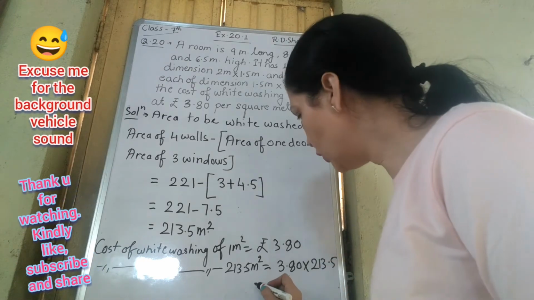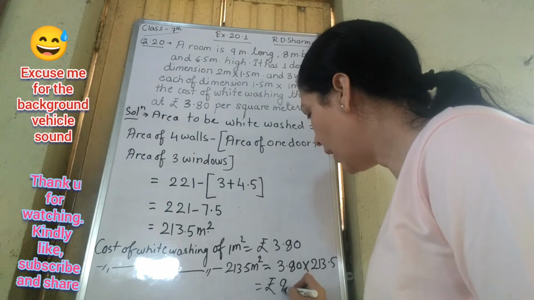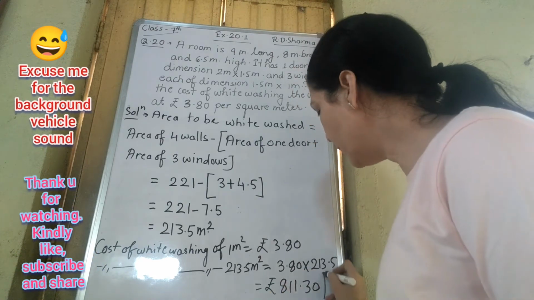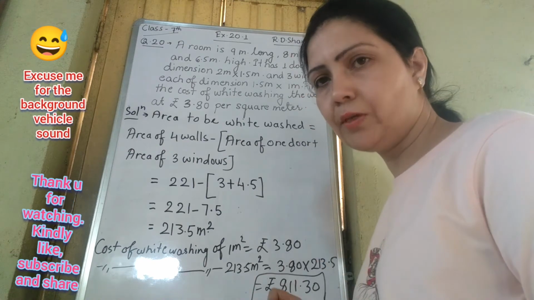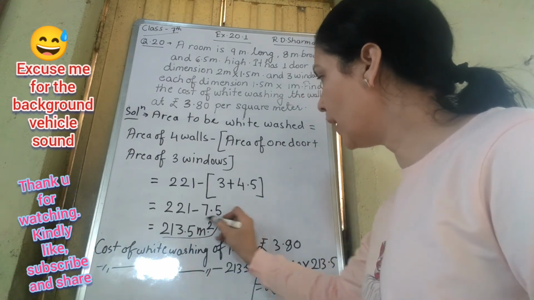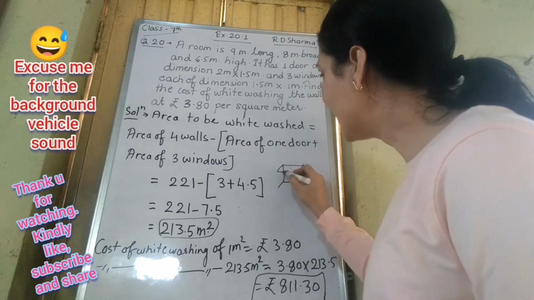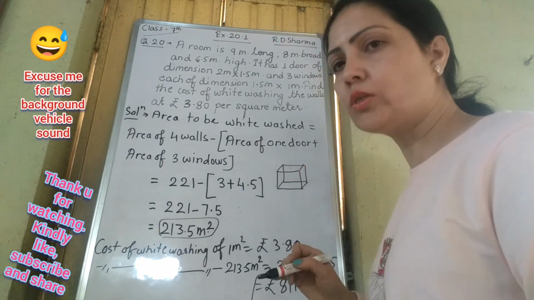Okay, so we will get 811.30 rupees. This will be the cost to whitewash the area of 4 walls, which excludes the windows and doors area.